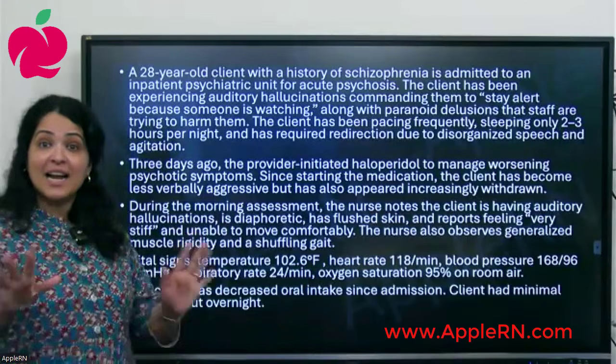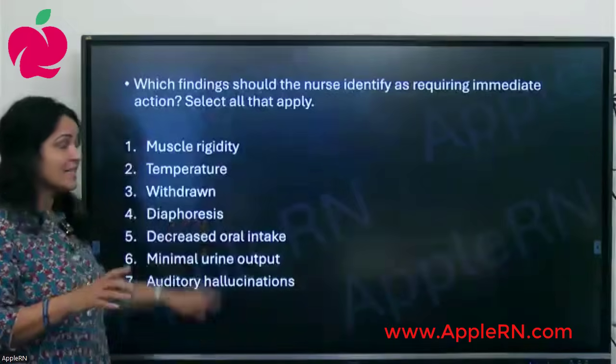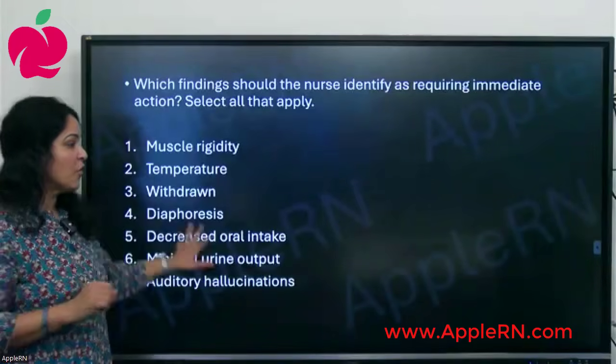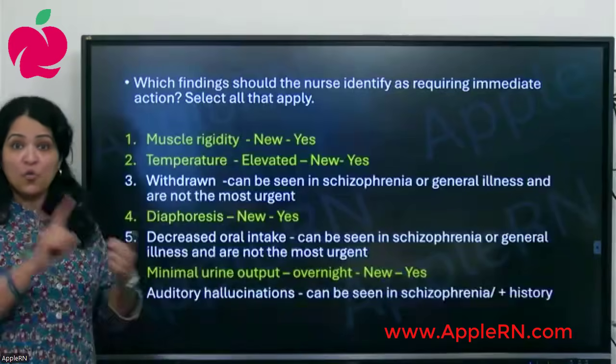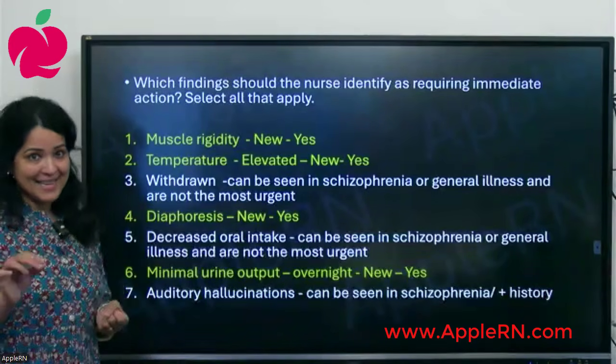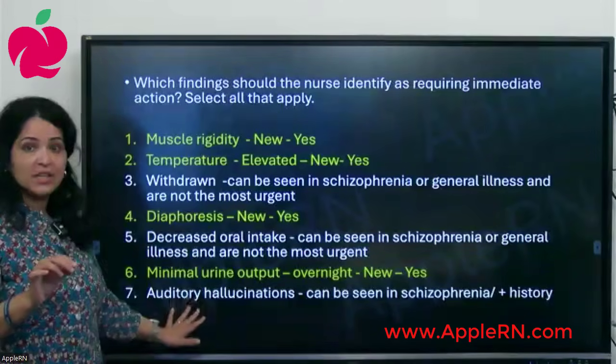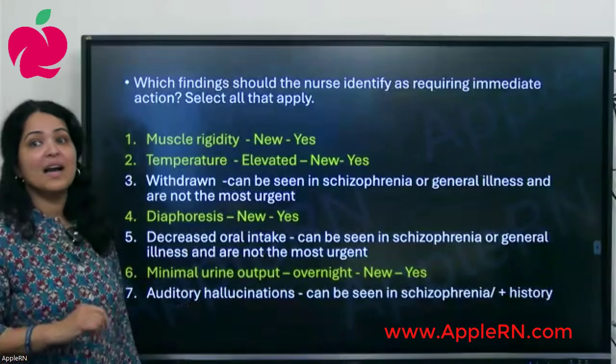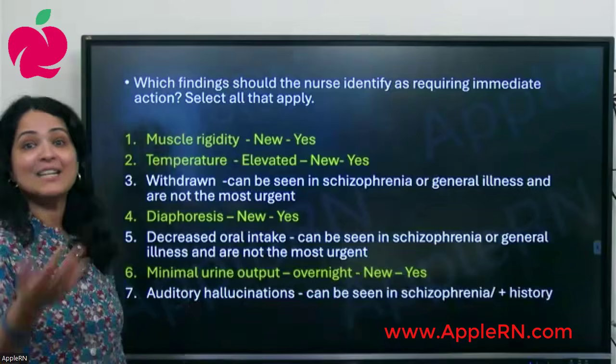Okay, so is that clear how we are recognizing the cues? So what is going to be our answers here? 1, 2, 4, and 6. Now, auditory hallucinations: that was already there.